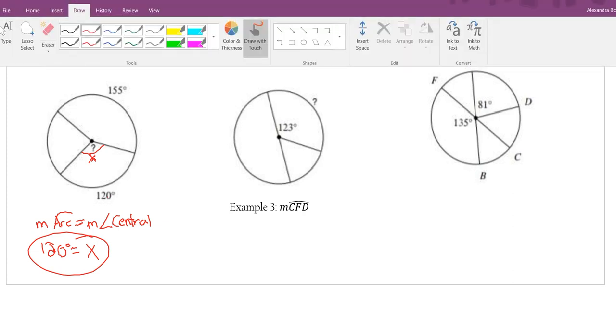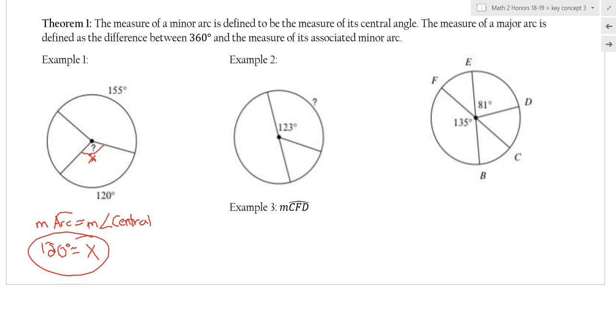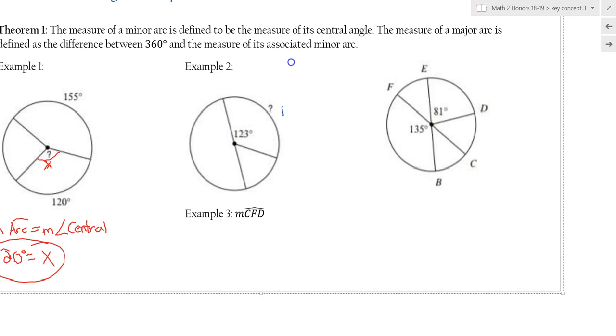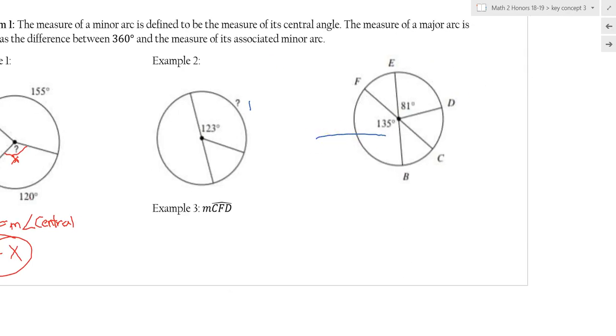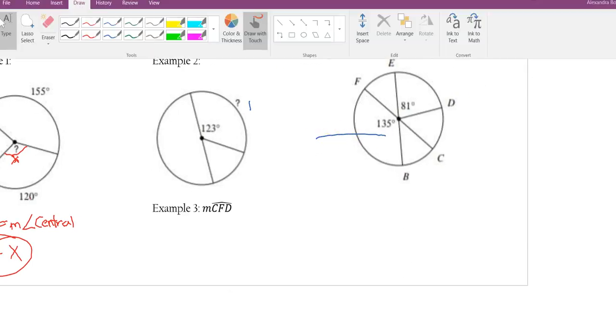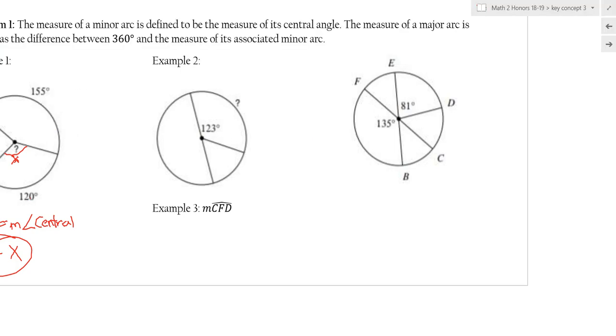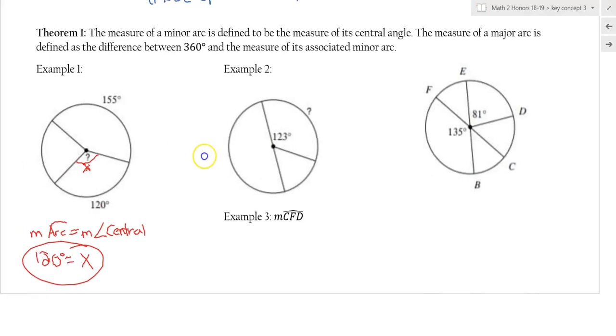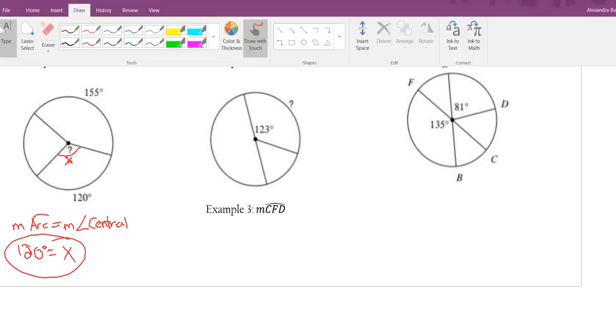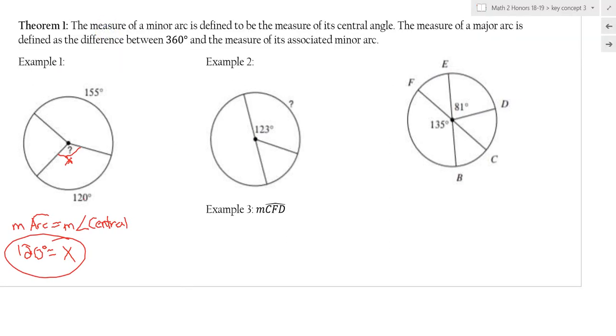Example 2, same thing the other way. Okay, so it's still using the measure of the arc is equal to the measure of the central angle.